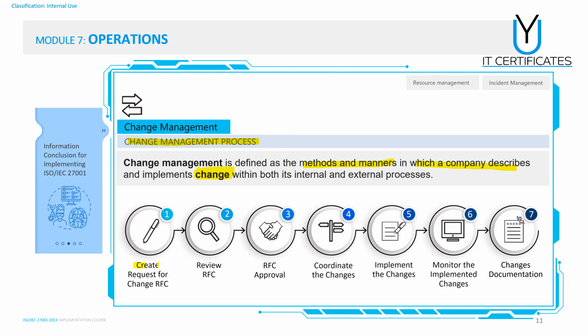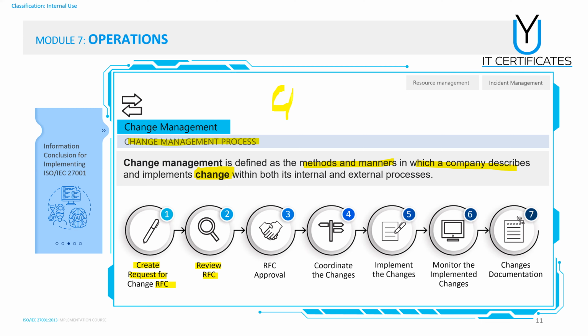Number 1, you have to create a request for a change, which we call RFC. You have to write the reason for the change you require and the business justification for this change. Then the RFC will be reviewed by the CAB.